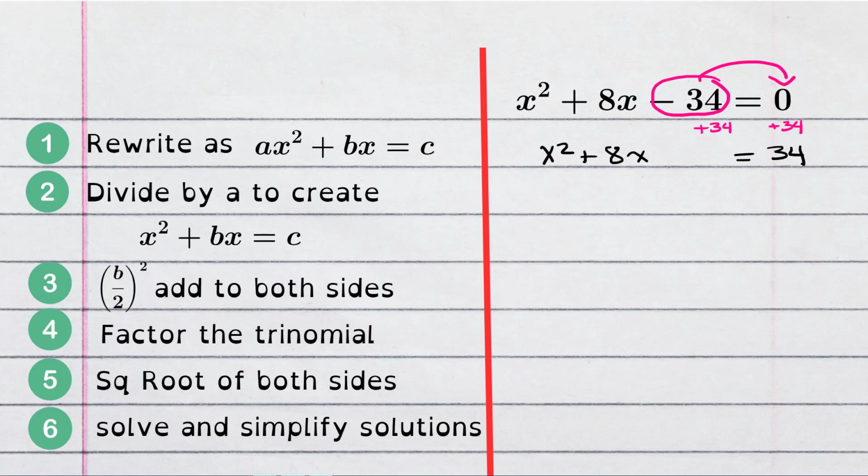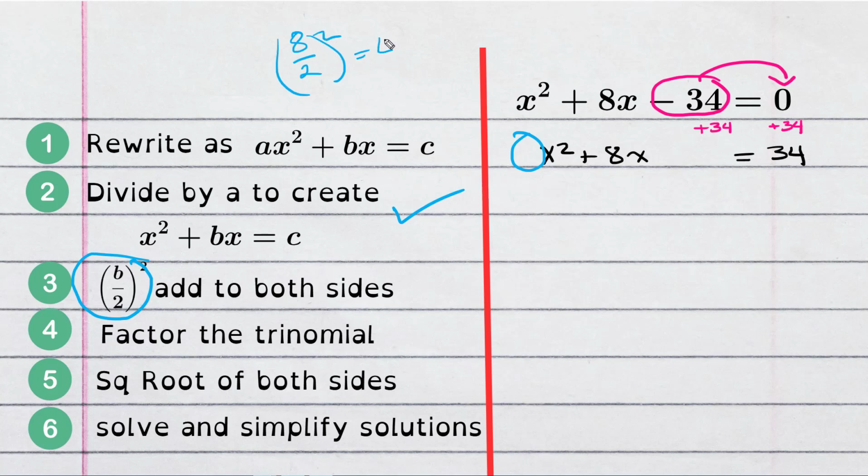Now, you look in front of your x squared. Is there a number more than 1? If so, you would divide. And so we don't have it, so we're done with this step. We've completed that step because there's nothing there to divide. Now we need to find that number by taking half of b, so 8 divided by 2, and squaring it.